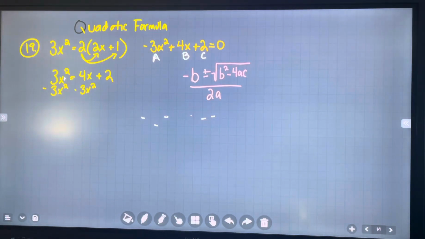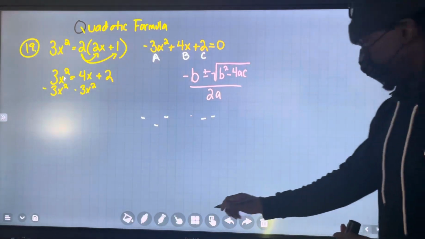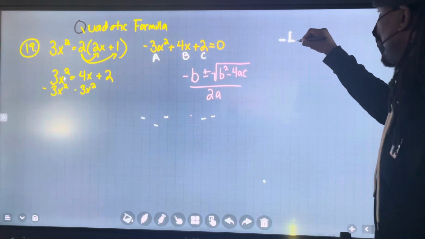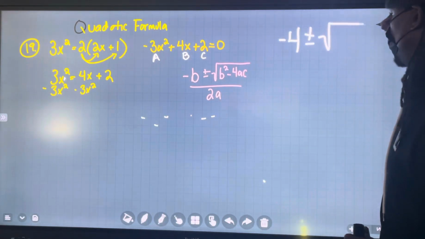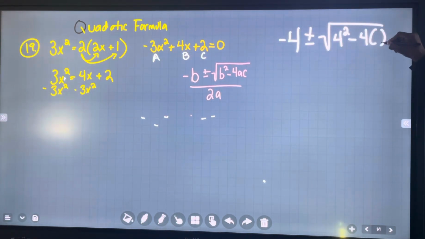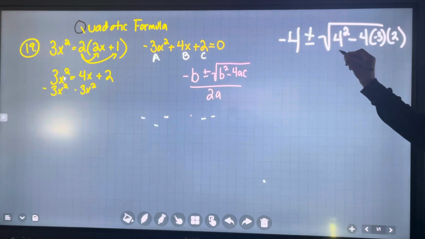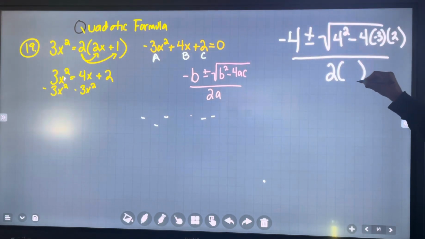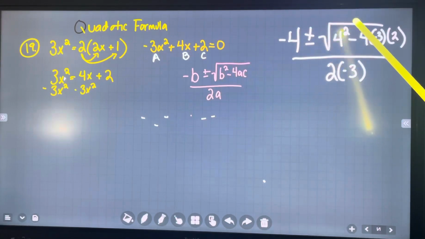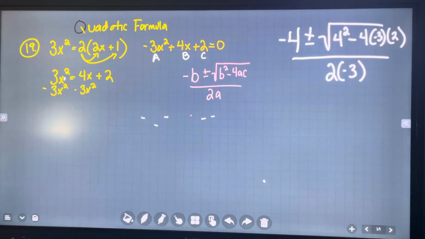With me? So now, let's set it up. What was my B? This should be what now? Negative 4 plus or minus the square root of 4 to the second power minus 4 times what's A and what's C? Negative 3 times 2, all divided by 2 times negative 3. Good to go?